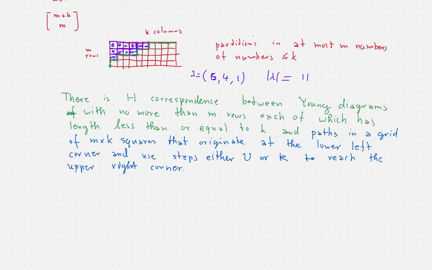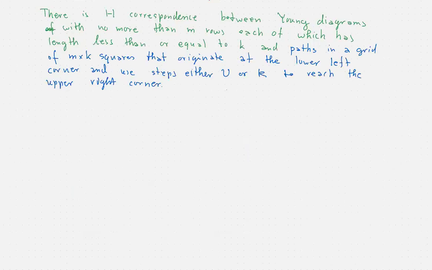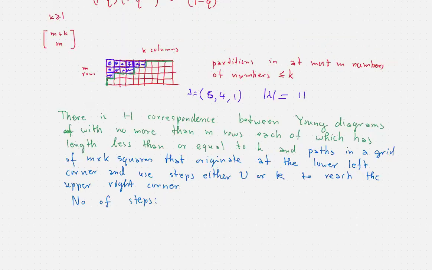Well, if you think about it, the number of steps that you need in order to go from the lower left corner to the upper right corner, either upper steps or steps to the right, is, you pretty much need always m steps that go up and k steps that go to the right.